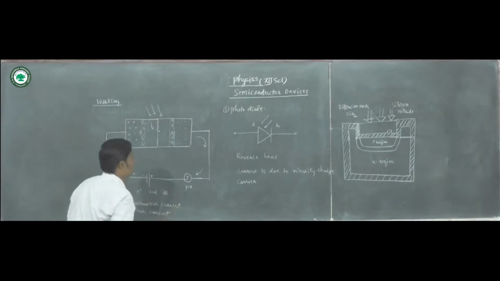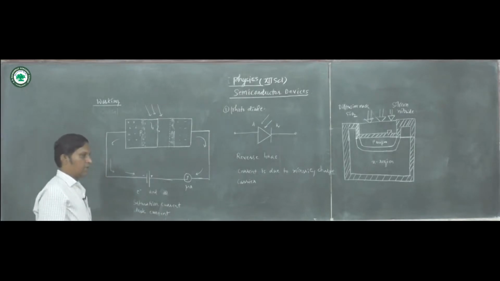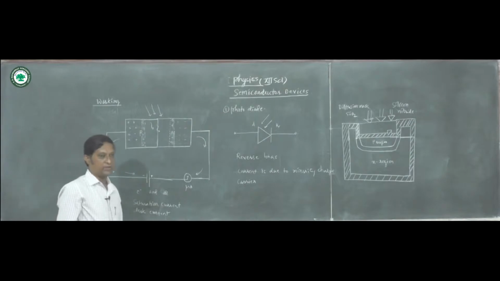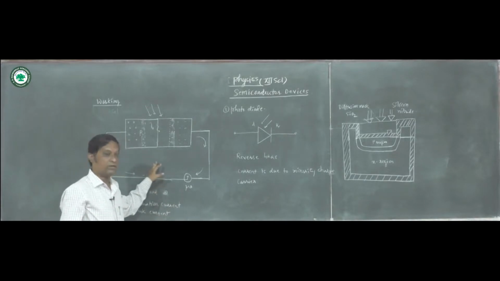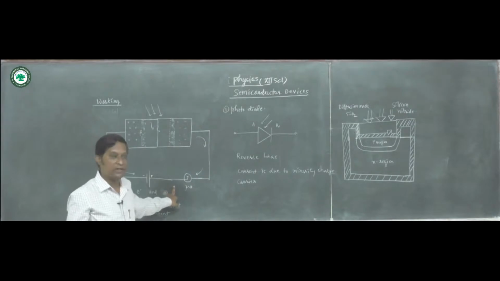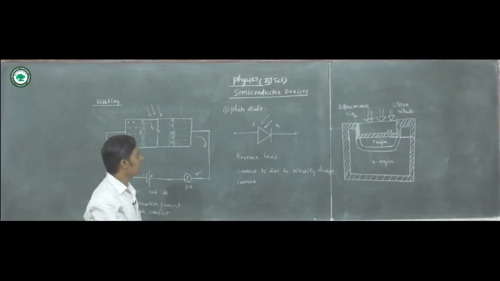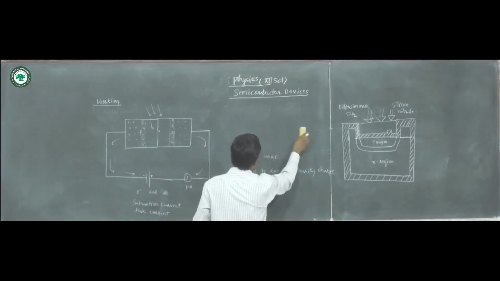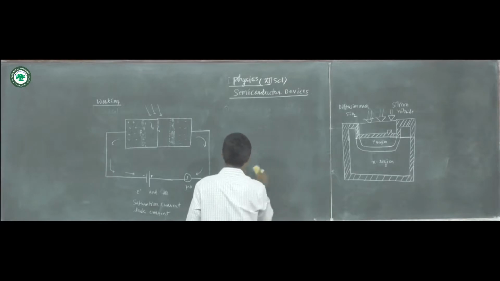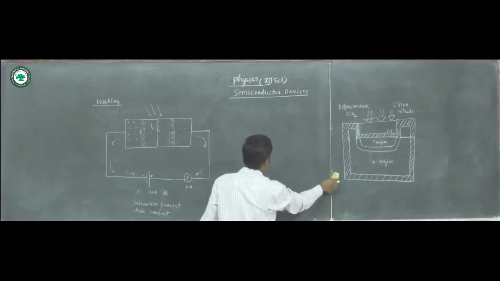For different values of the reverse voltage, the saturation current which we get in output is constant. We will see it from the IV characteristics of this photodiode. We will clearly understand.